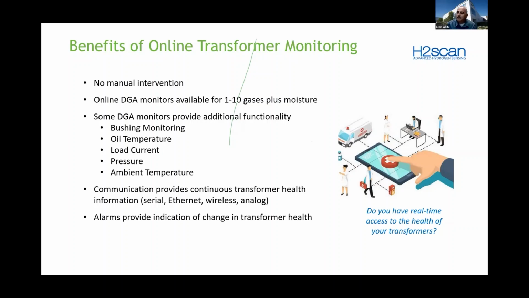So now we talk about the benefits of online transformer monitoring. Why might you want to monitor your transformer online? The very first thing is when you're taking manual oil samples, there's manual intervention in taking the sample, there's manual processes to transport the sample from the substation to the lab, and once it gets to the lab, there's manual intervention in removing the sample from the container and actually testing the sample.